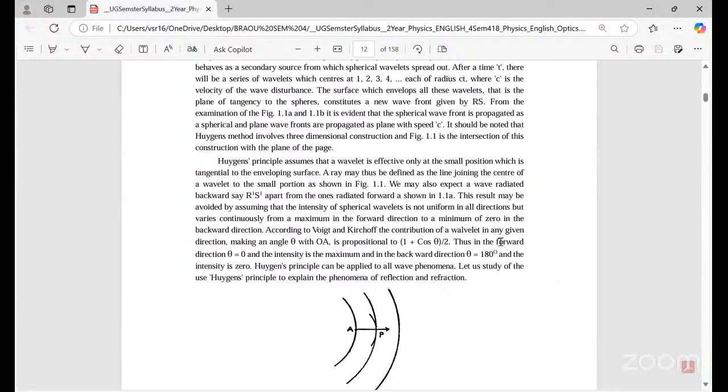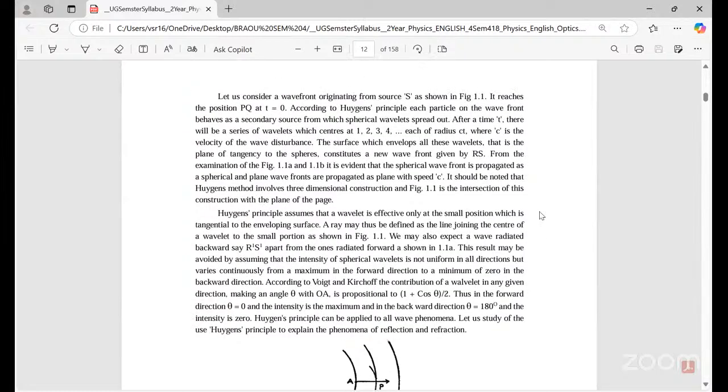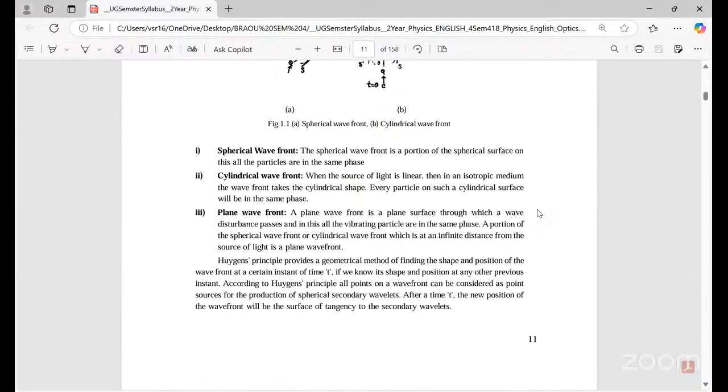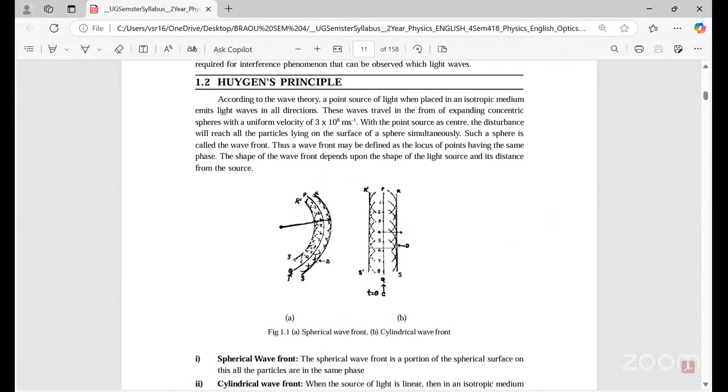From the examination point of view, in the previous section the figures 1.1a and 1.1b show one the spherical wavefront and the other the cylindrical wavefront.